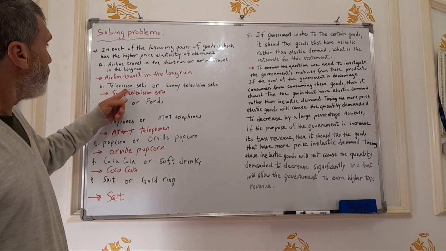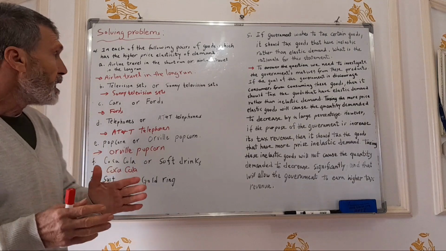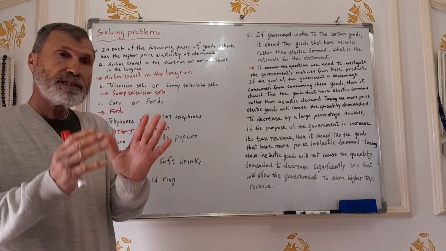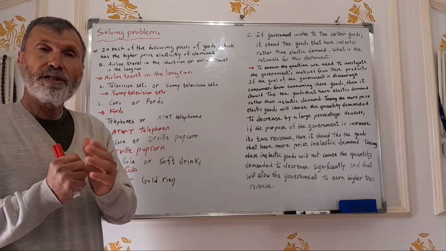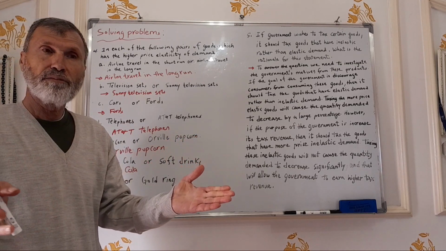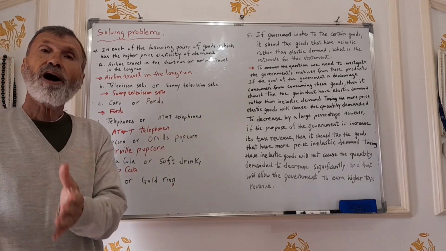B, television sets or Sony television sets. As you can see, television sets is a tool that shows shows, movies or whatever. And Sony television sets is a kind.